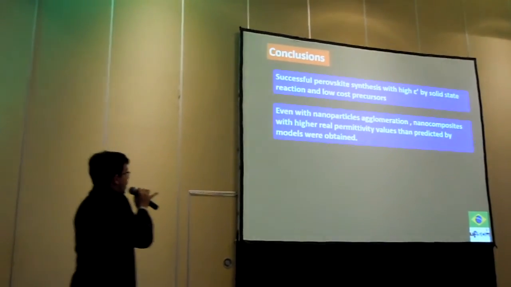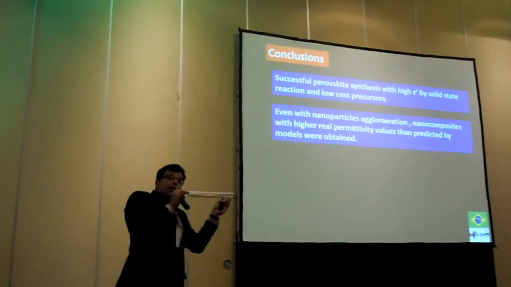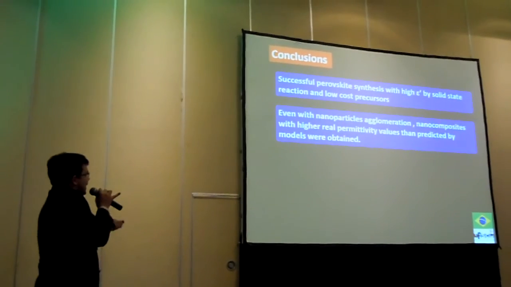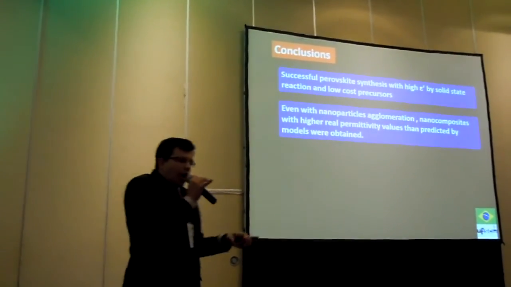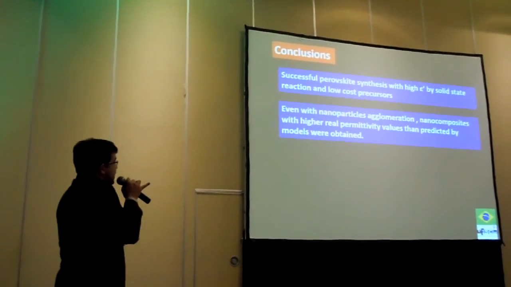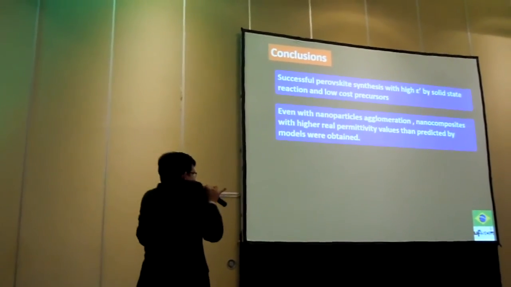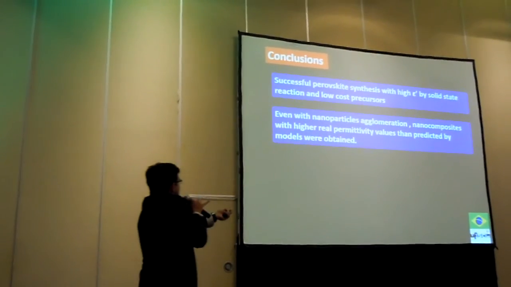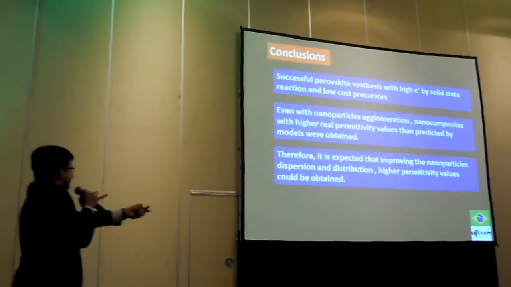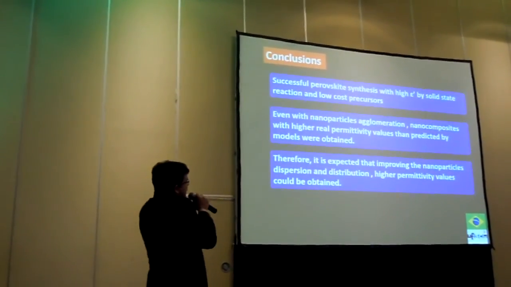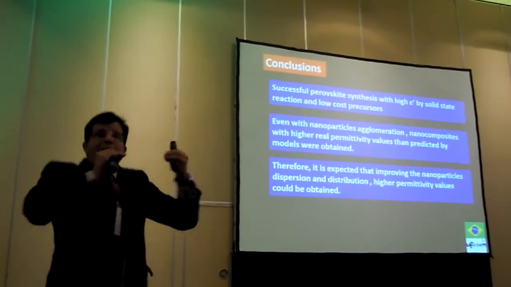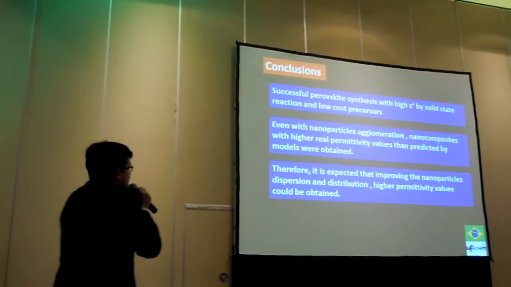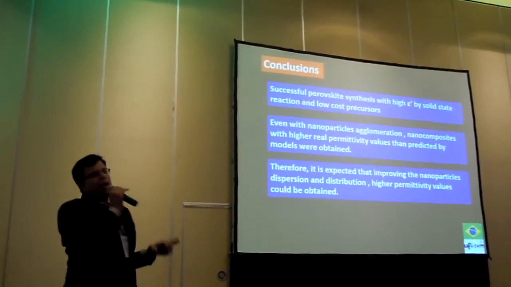And also, even with agglomeration, we obtained higher real permittivity values than those predicted by the models. And this was our second success. And our last conclusion is, therefore, it's expected that by improving nanoparticle dispersion and distribution, or even the amount of nanoparticles, high permittivity values could be obtained.